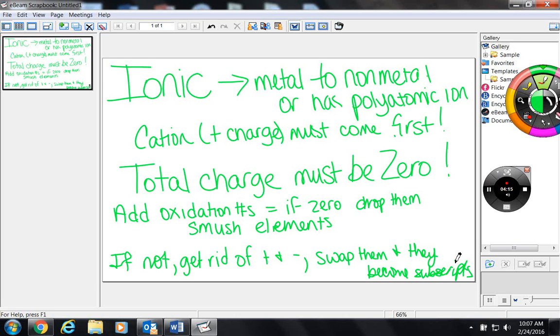Get rid of what? Get rid of the plus and the minus. Smush elements? Yep, I'll show you. So that says become subscripts? Become subscripts. Sure does, in my really sloppy handwriting.